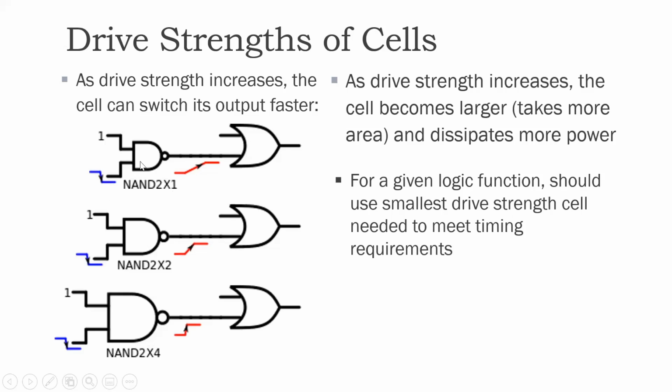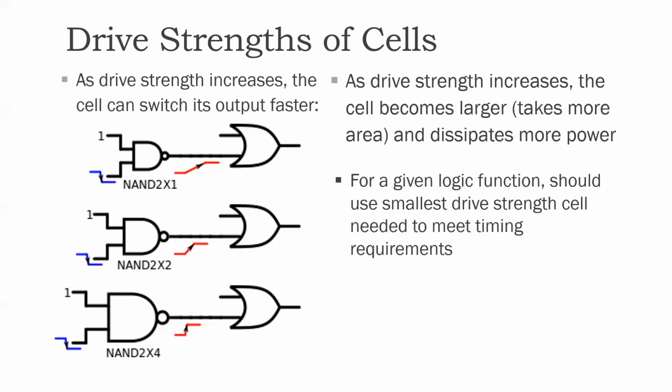Now look at the inputs of these 3 NAND gates, shown in blue here. I'm showing the same input waveform for all the 3 NAND gates. That blue waveform has the same transition time in all the 3 cases. It's going from high to low, and the time it takes to go from high to low is the same. The output of the NAND gate is a red waveform, and that's where you see the impact of the drive strength.